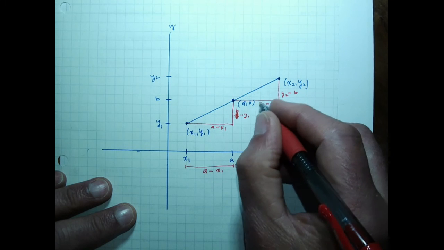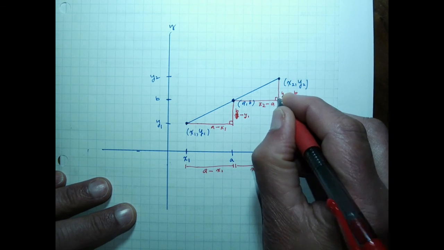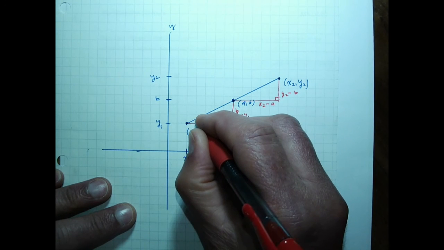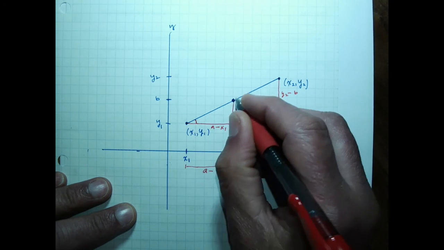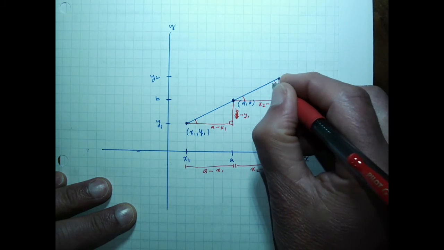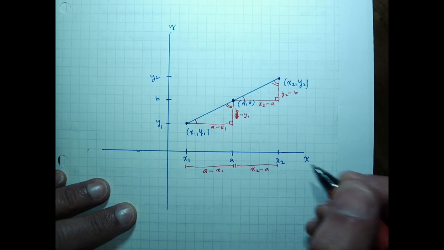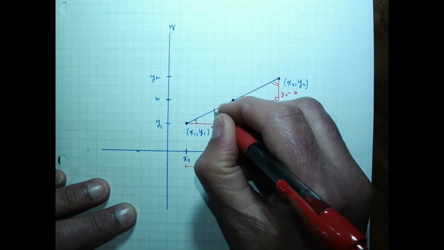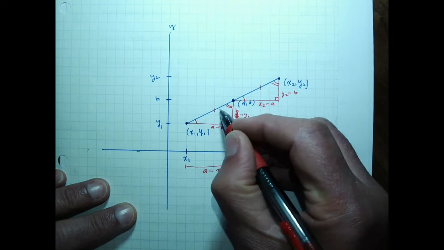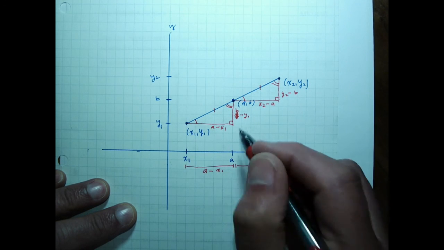Now these two triangles are what we call congruent. They have exactly the same size and shape. They both have a right angle here. By principles of parallel lines in geometry, these two angles must be equal. These two angles are also corresponding angles, so they must be equal. And the two hypotenuses of the triangles have to be equal because we said AB is the midpoint.